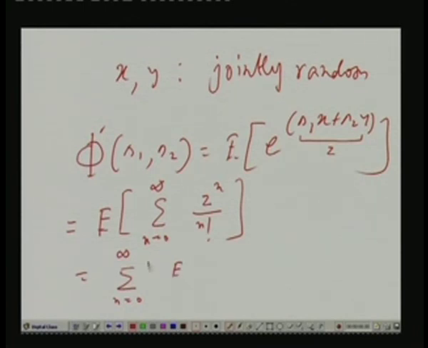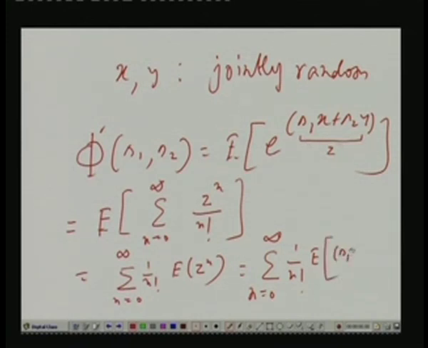Factorial n is a constant, so it remains outside. Then what happens? That is, E. Now, we know what is z. Z is this factor. So, replace z by its actual form S1x plus S2y whole to the power n.